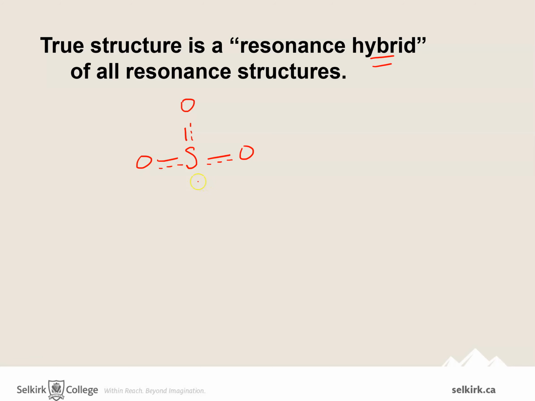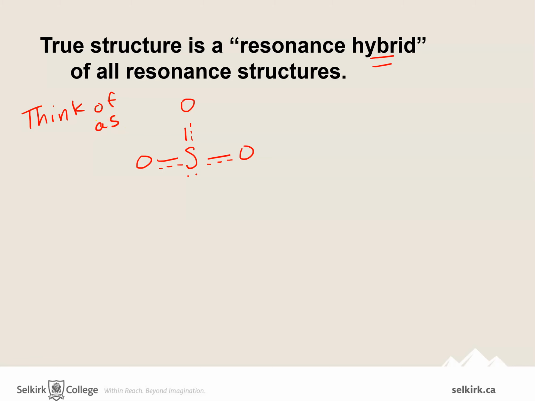It's somewhere between a bond and a double bond in the true sulfite ion. So I think of this, but I draw the resonance structures on the other side. Think of it as this structure.